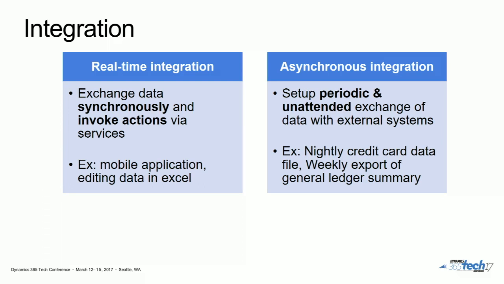You get the price based on item and dimensions and a few other values. And the other scenario could be where you want tax to be calculated. So there's a real-time call, tax gets calculated and sent back to the line. And in the standard product, we have used this pattern in certain places, for example the Office add-in.